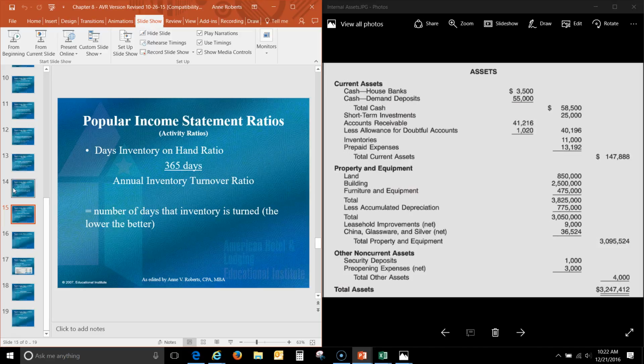When we're doing this inventory turnover ratio and the days on hand ratio, we're trying to evaluate how long it has been since the truck backed up to the dock and unloaded everything to the point where the customer actually left with it through the door. Okay? That's the time period that we're evaluating with these previous two ratios.